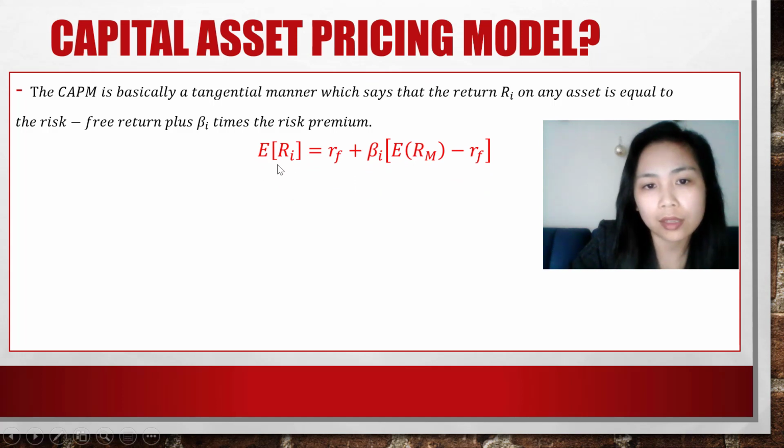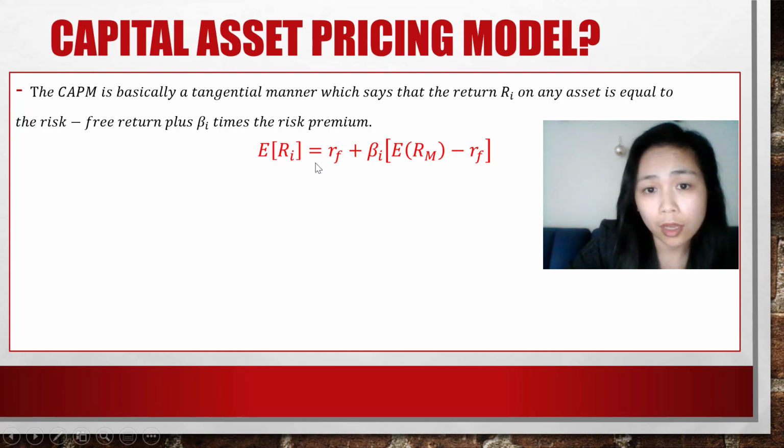Here we got the expected return RI is equal to RF plus beta I times the expected return of RM minus RF. Here we use the market portfolio instead of the portfolio, so that's why we got RM. And when we use the market portfolio, we don't need P on the top of beta I. Beta I here is the beta of investment I with respect to the market portfolio. And this is the equation of the expected return RI.